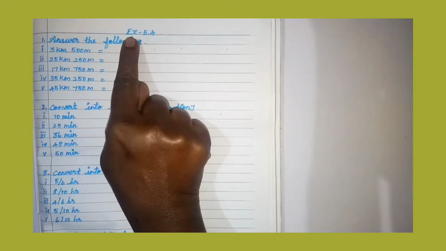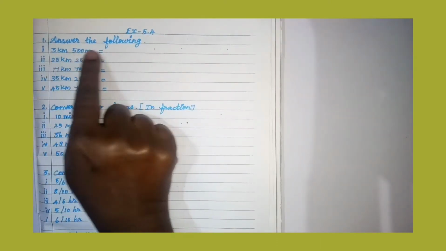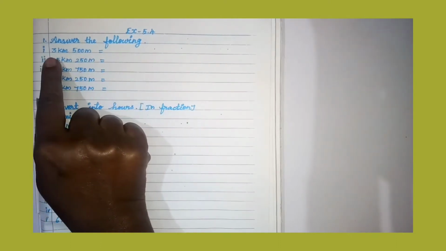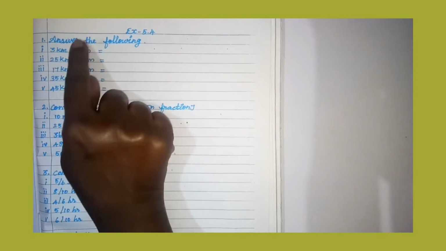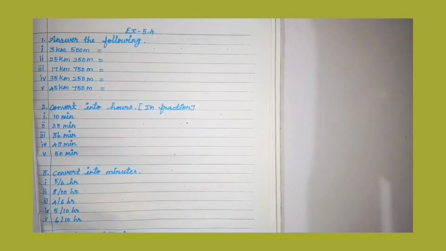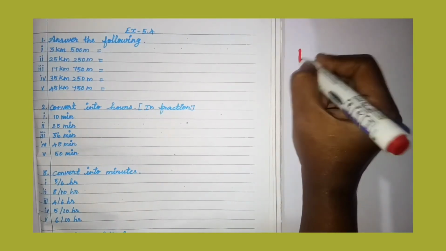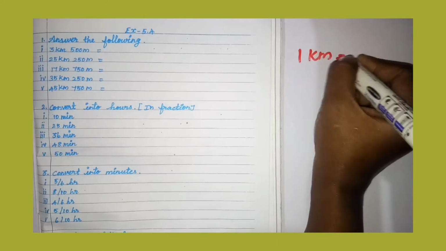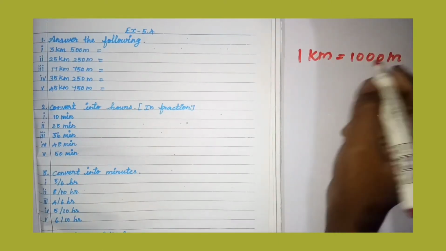Children, see the exercise 5.4 sums. First one, answer the following. First one, 3 kilometer 500 meter. This one how to find means, let us recall some formulas. First one, 1 kilometer is equal to 1000 meter.